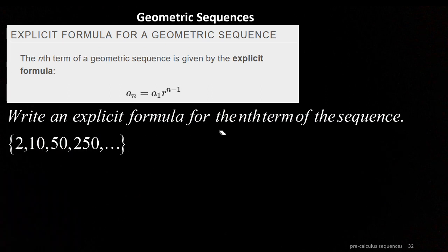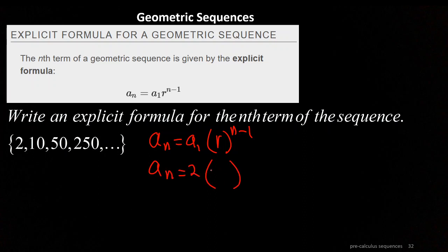Write an explicit formula for the nth term of the sequence. Okay, for explicit formula, again, what do we need? We need A1 and we need R. A1 is given, it is 2. R, we don't know, but we can divide. 10 divided by 2, this divided by that, so it's 5.